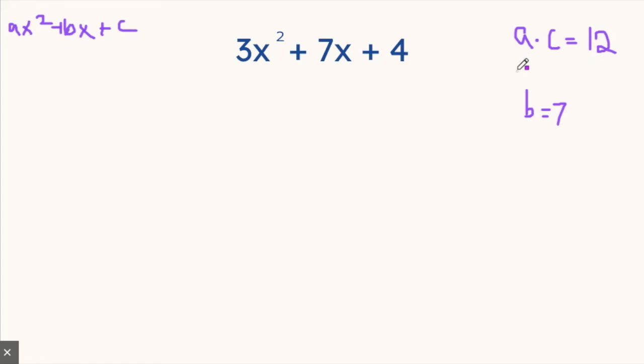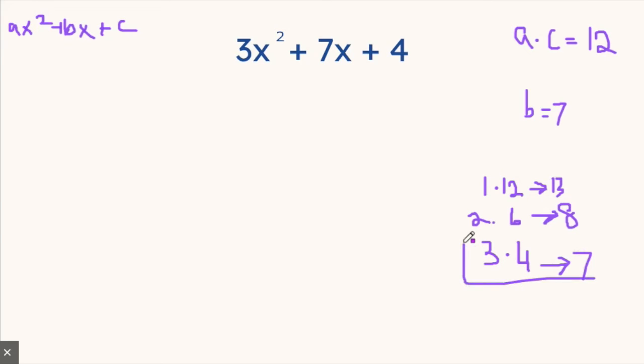Now the multiples of 12 are 1 times 12, 2 times 6, and 3 times 4. When you add 1 and 12 up, you get 13. When you add 2 and 6 together, you get 8. And when you add 4 and 3 together, you get 7. So the multiples we're trying to look at are 3 and 4.